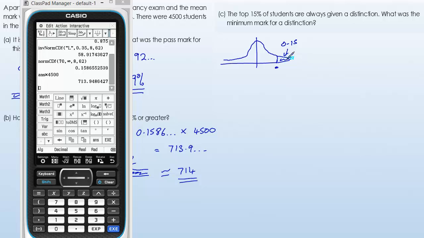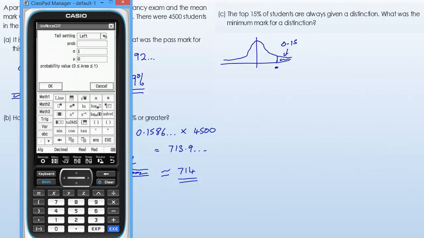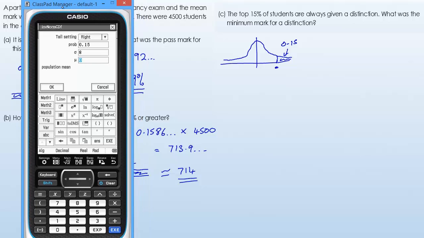Notice the tail this time is to the right. So we go for inverse InvNorm. Set the tail to the right. And we want 0.15, with sigma being 8 and mu was 62.